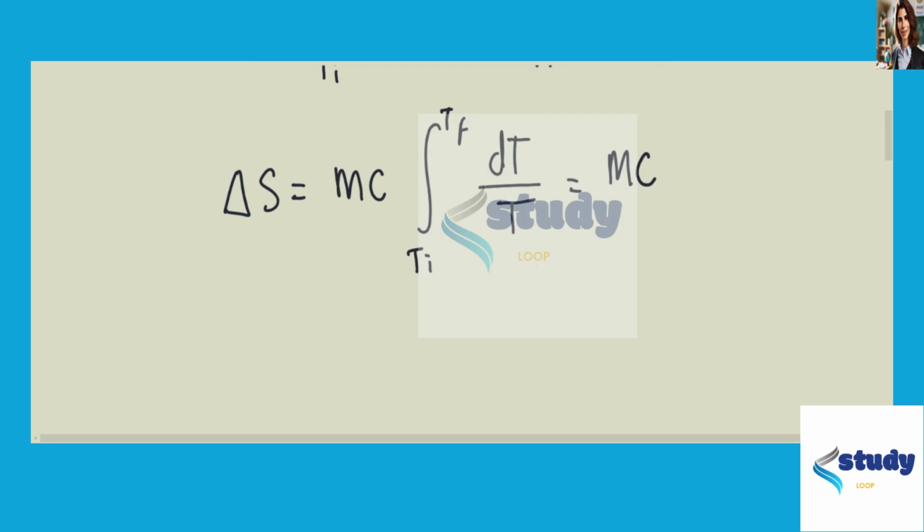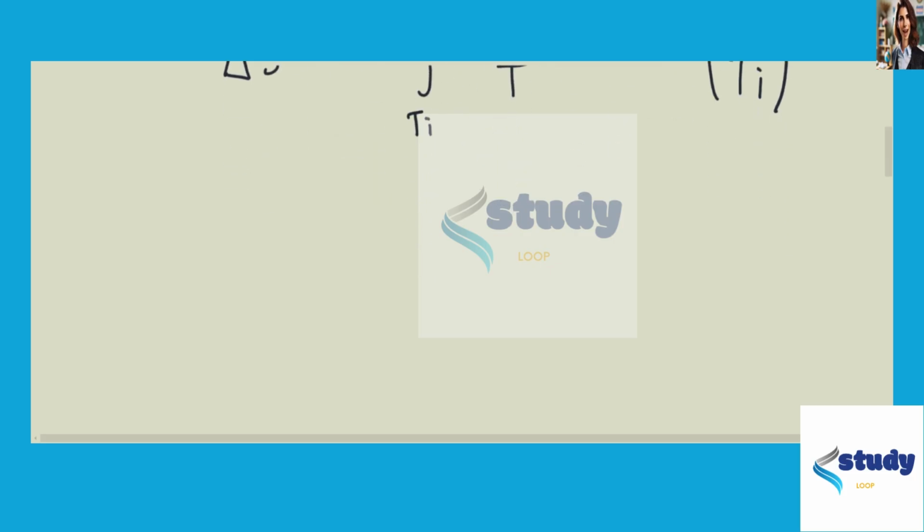So after evaluating that in the final and initial temperature, we will have the Neperian logarithm of the final temperature over the initial temperature. So in here, we just simply substitute all of those values.